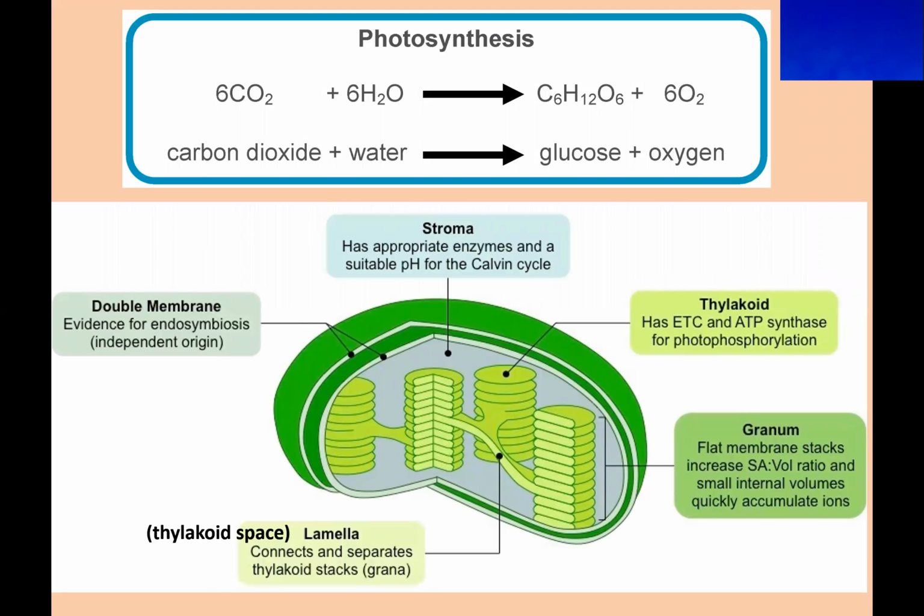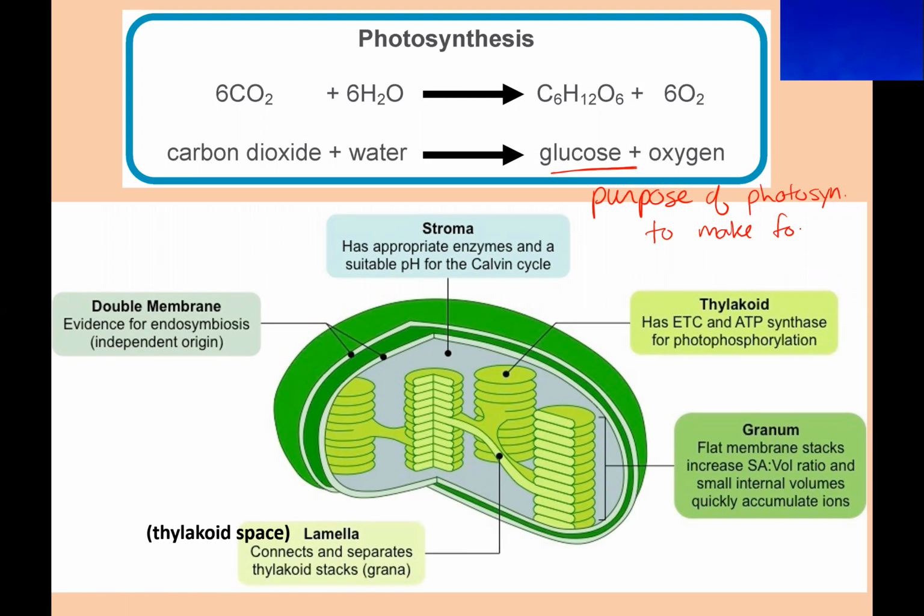Hopefully you came up with this equation of carbon dioxide and water finally produces glucose and oxygen. This reminds you that the purpose of photosynthesis is to make food for the plant, not to make energy.